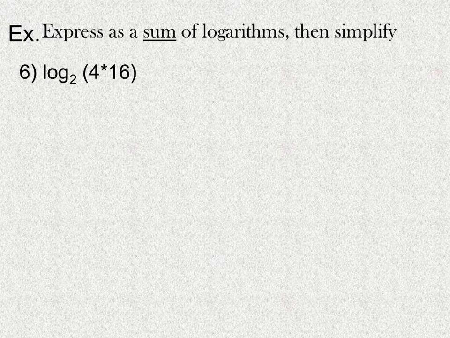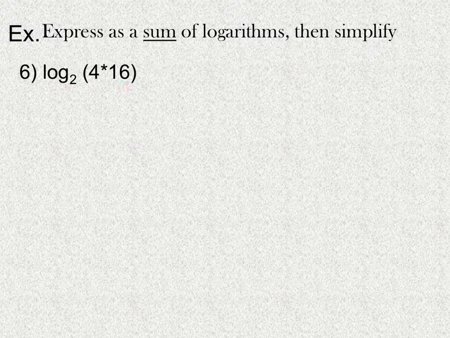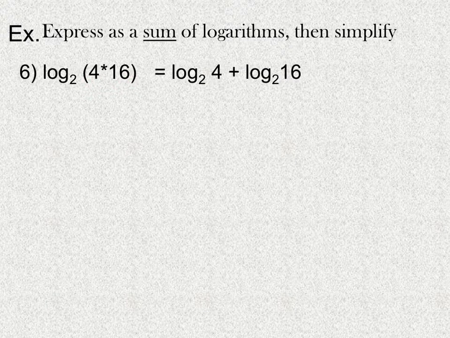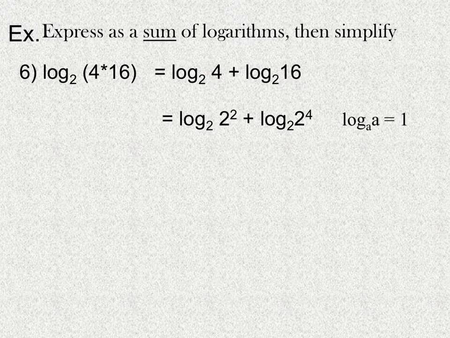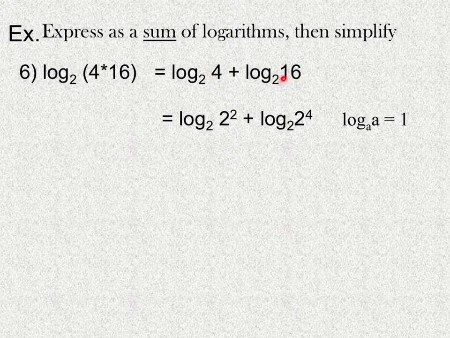This one says express as a sum of logs, then simplify. So let's take it one step further and simplify once we've separated this expression into a sum of logs. You can see that there's going to be some connection here between 4, 16, and 2. So we're going to somehow use these and simplify. So first we split them up like this. Then once you see this 4 and 2 are related, 16 and 2 are related, right? 4 is 2 squared, 16 is 2 to the power of 4.